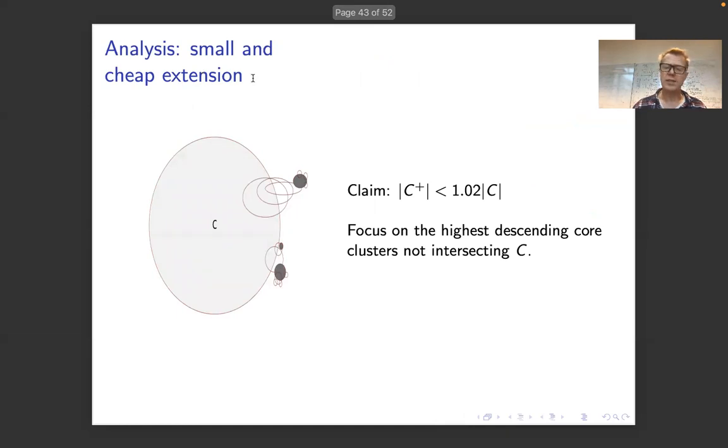So to prove that, let's focus on the highest descending core cluster that does not intersect C. So the highest one here is the child and another child here. And then we go down, down, down until we find, for the first time, a cluster that does not intersect us.